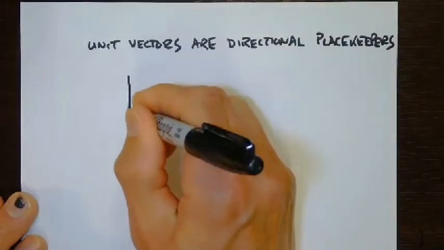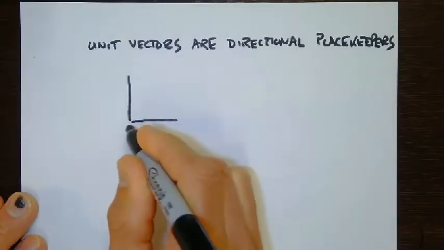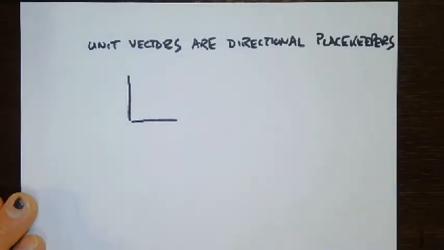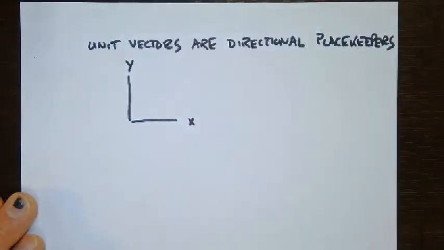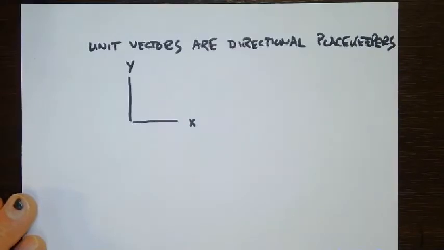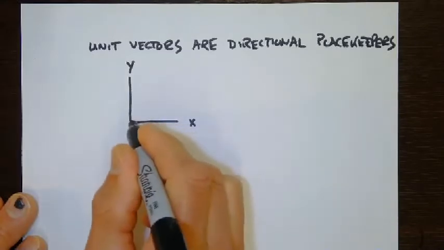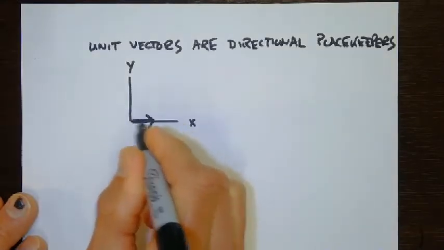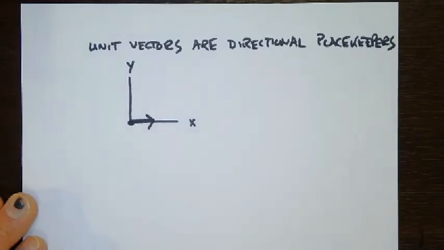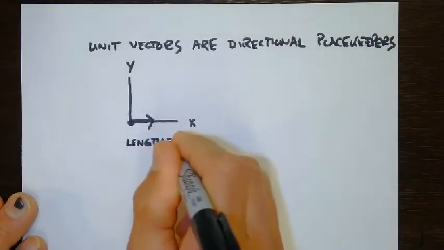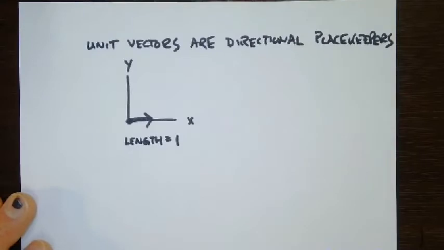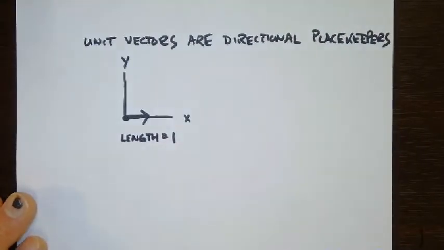If you think about having a coordinate system where you have your x direction and your y direction, well, a unit vector is a vector that lies along one of those axes that has a length equal to 1. And so that's why it's called a unit vector, because unit means 1 in math.